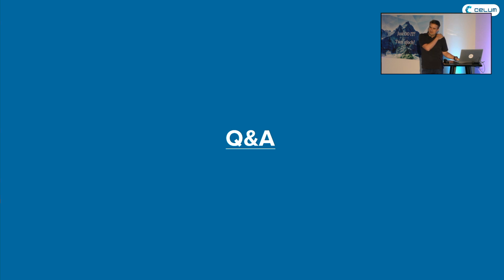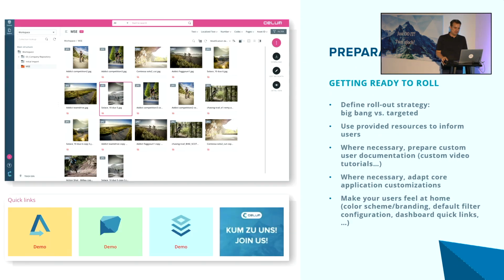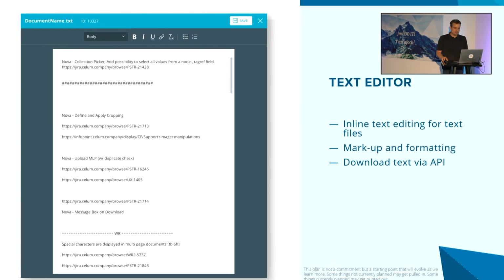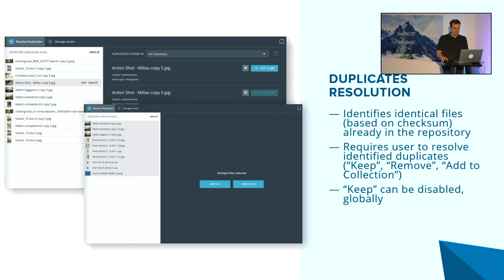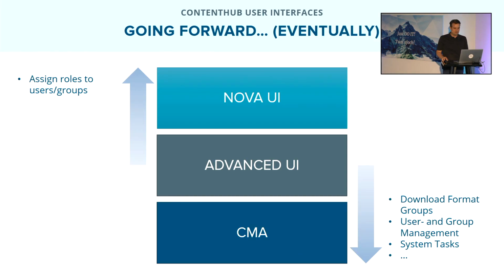One question is closely connected to this. Are there any plans to turn off the advanced UI, e.g. in 1 or 2 years or so? Currently not, no. As I mentioned at the beginning of the track, that was missed if you joined online, there will be some use cases that for the time being will reside with advanced UI, like for example user and group management, until we get those migrated over to CMA.